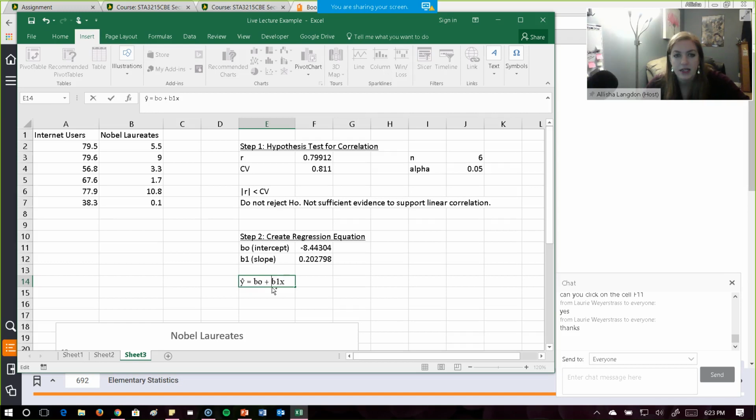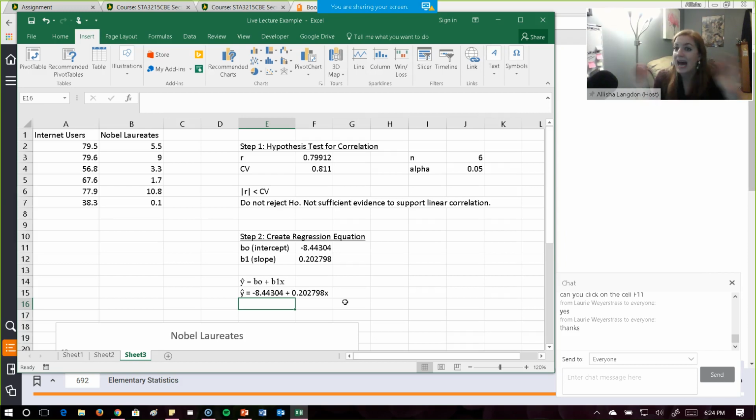Let's go ahead and just copy that. Now you need to replace b naught with your intercept, so that's going to become negative 8.44304. And your b1 is going to be your slope, 0.202798. And that is what your equation should look like.